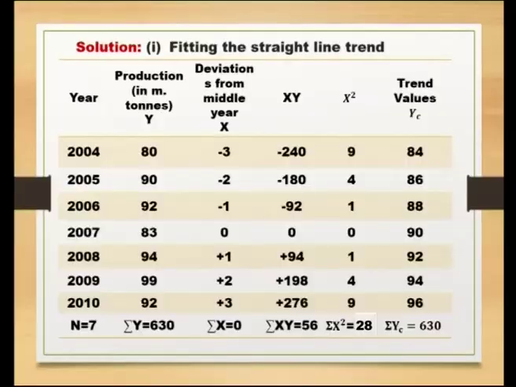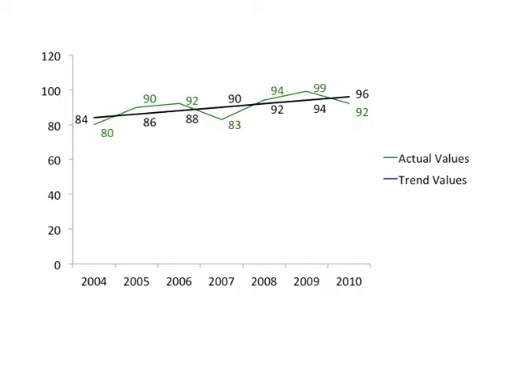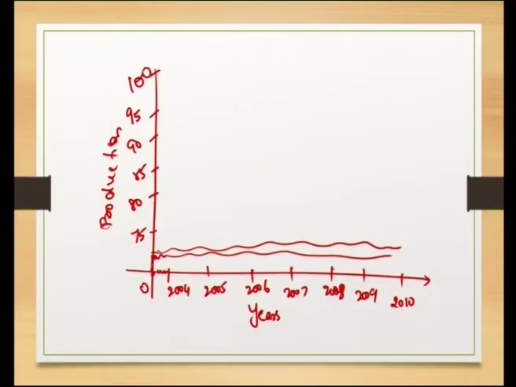Okay. For 2004, the actual value is 80, and the computed value is 84, with the axis marked 75, 80, 85, 90, 95, 100. So, corresponding to the first value, 80 is the actual value, and 84 is the trend line value. 80 we should plot here, and 84 is somewhere here, that is plotted here.